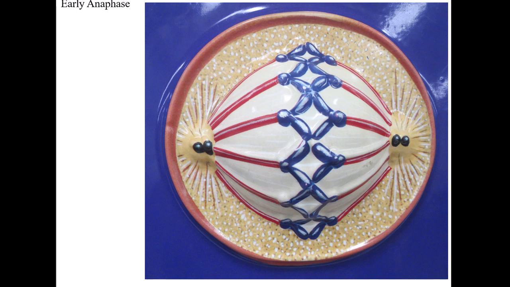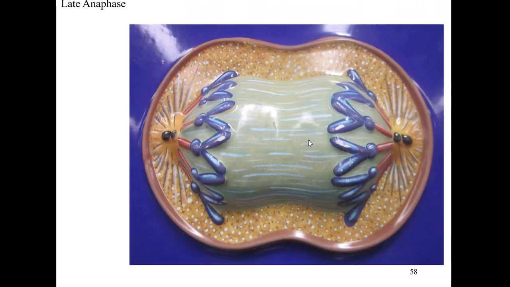The next one is going to be anaphase, but this is the early part of anaphase. You can see the chromosomes have separated, so this group of chromosomes is going to be pulled to the left, and this group is going to be pulled to the right. So you're starting to see the separation. But this is the one that really shows it.